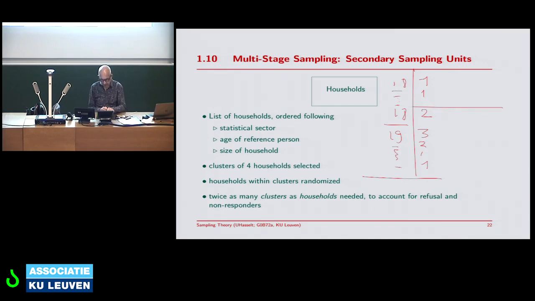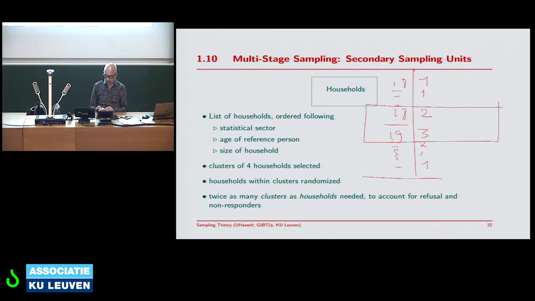What I then do is every time I select a household, I actually select in this list through which I sample, I select 4 of them. So we can do systematic sampling through this list and every time select 4. Why 4? Well, I can then randomize them, go to the first household, but maybe I cannot reach it.